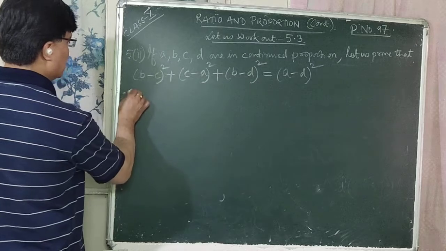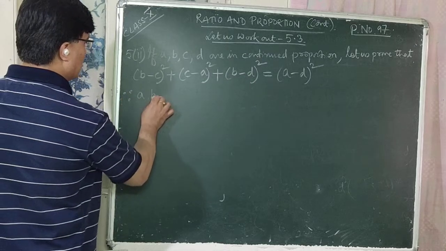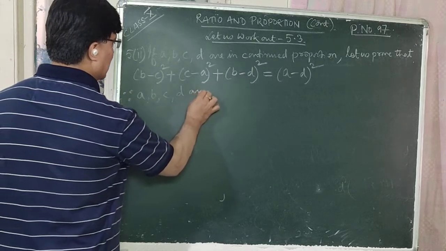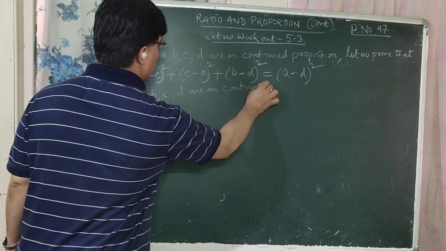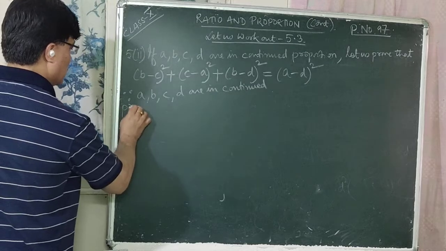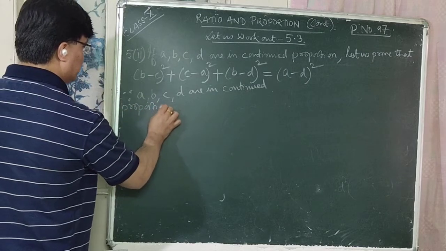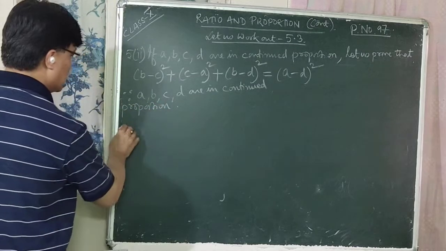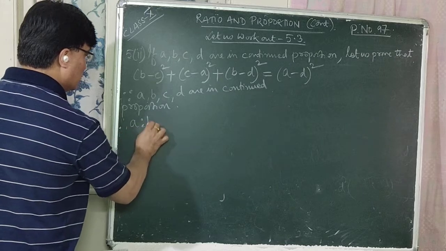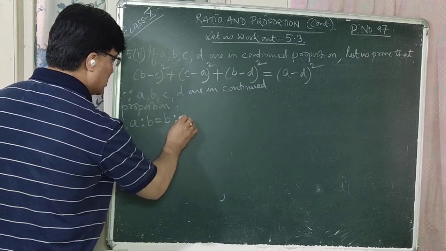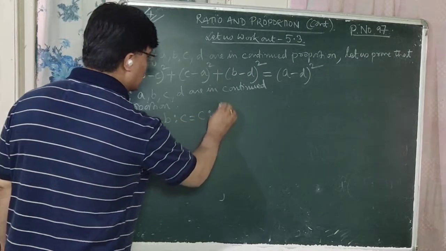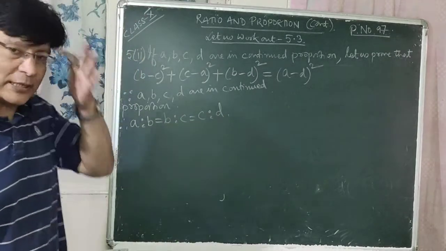Now again here, since A, B, C, D are in continued proportion, so what can you write? Therefore A is to B is equal to, again B is repeated twice, B is to C, again C is repeated twice, that is C is to D. Is that clear?